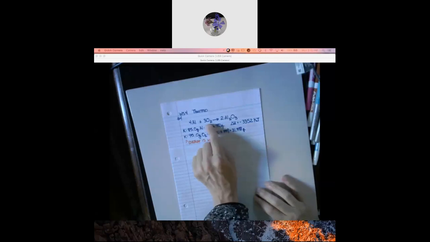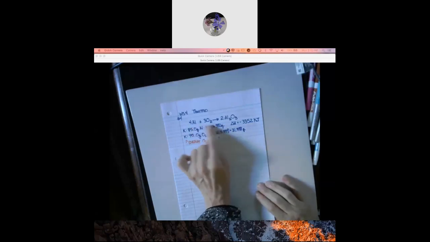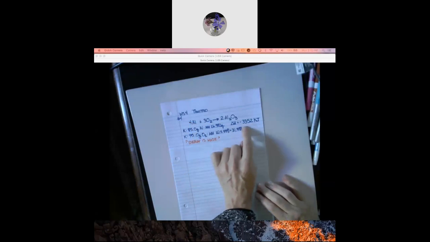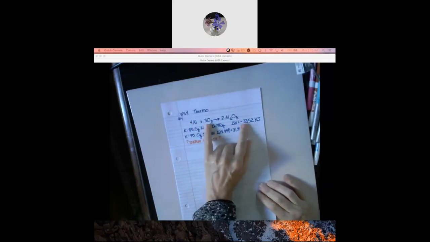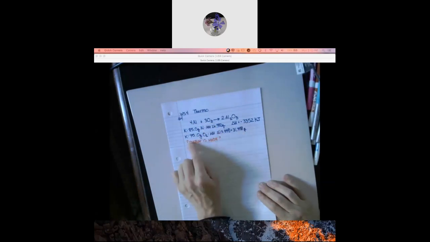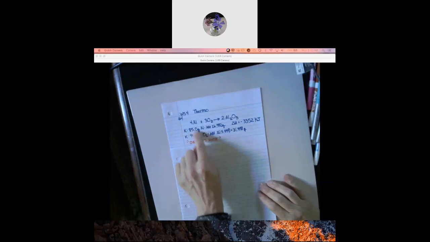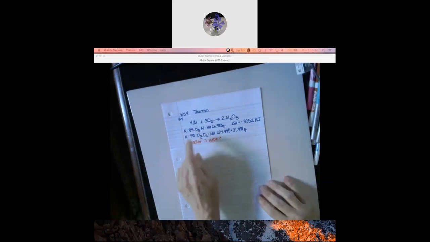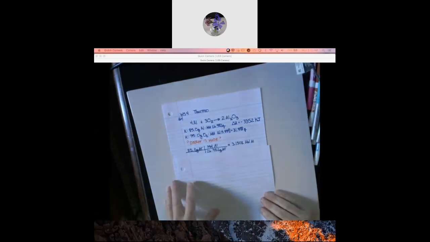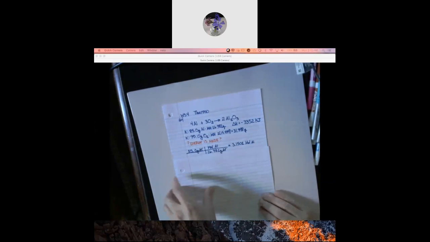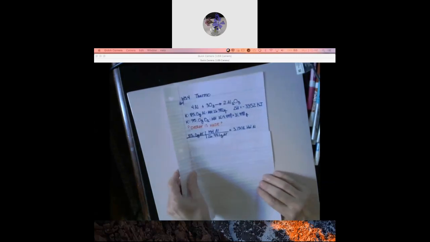And if I had 3 moles of oxygen, assuming I had plenty of aluminum, then I would produce 3,352 kilojoules. So you can create an equivalence to convert one into the other, but only if your information is actually in moles. So the first thing I'm going to do is calculate the molar mass of aluminum, because I got to know how many moles of aluminum I have.